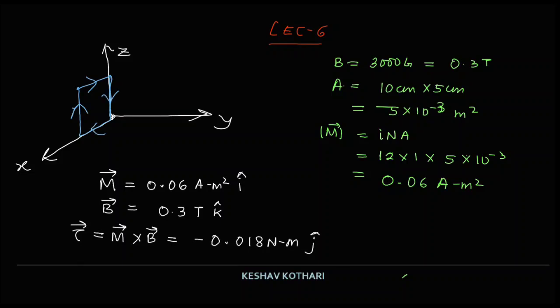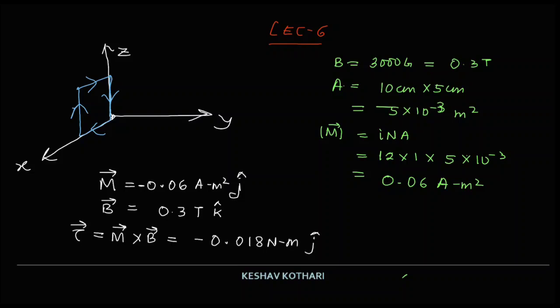Now if we use our right hand rule, since the loop is in the xz plane, the magnetic moment will be in the negative y-axis direction. When I say negative y-axis direction, I mean that the m vector will become negative of j cap. So this is the change in the value of m vector in this particular case.